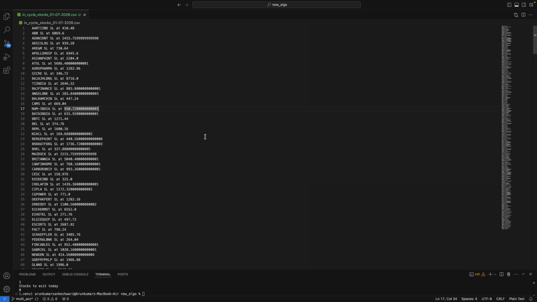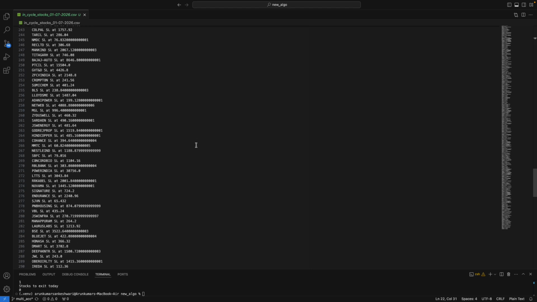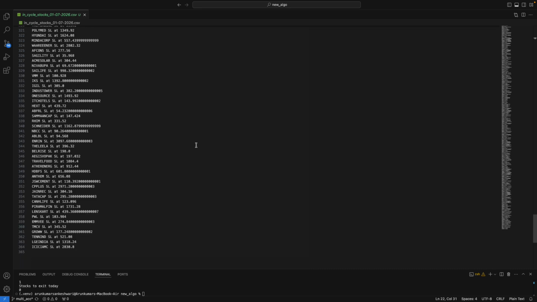Ideally, I should be holding 20 of these. And out of 500 stocks, with the current market situation in India, which is not so good, I have about 350 or 364 stocks that are in cycle.